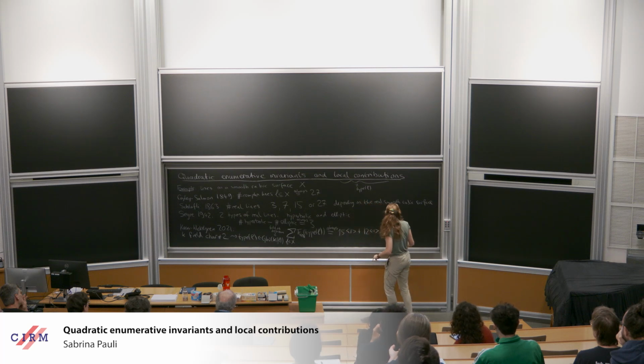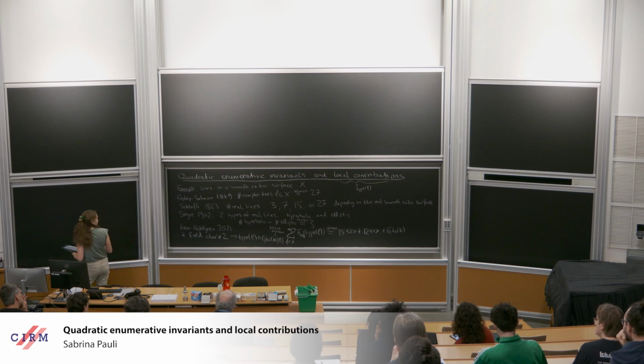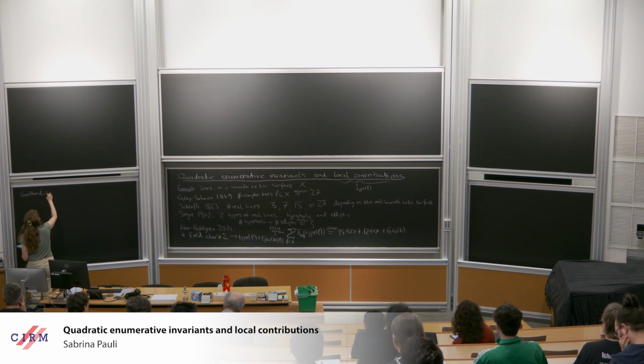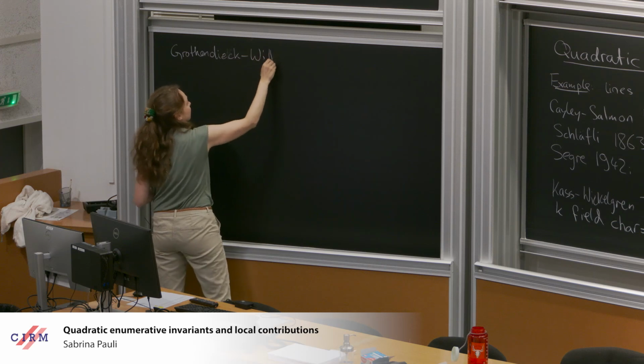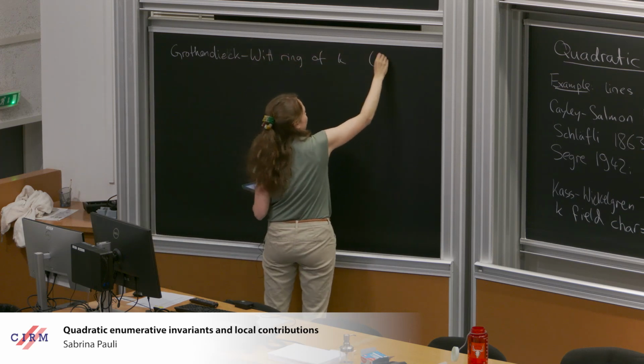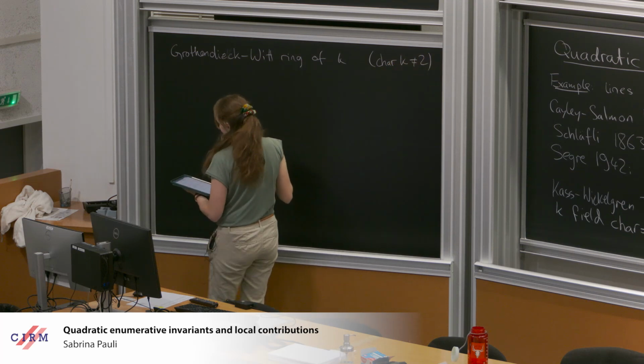So I thought I would start with a very, very quick explanation of everything in this formula. So what is this GW of K? And now for today, let's just assume that the characteristic of K is not equal to 2.